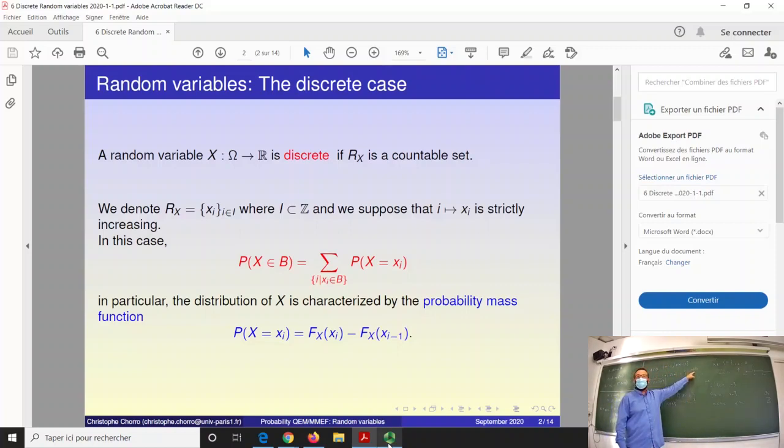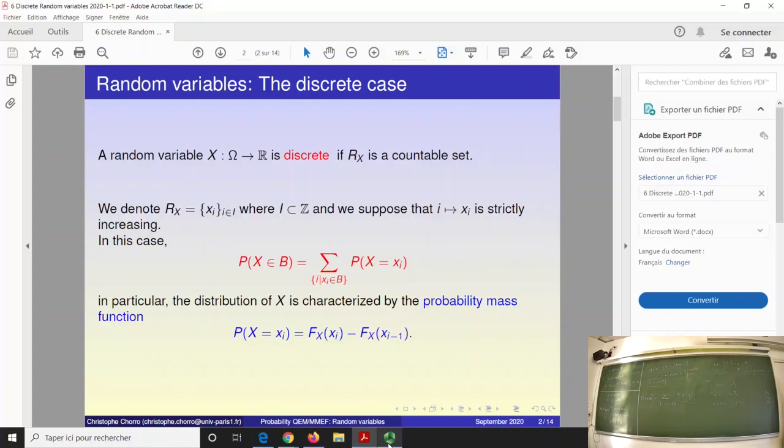But I repeat, it's because I have a countable union. If you are not in the discrete case, and typically in what we are going to do in the next chapter, that is continuous random variables, you will see that for continuous random variables, this reasoning doesn't work, because we can take an infinite number of possible values. Okay? An infinite number of possible values.